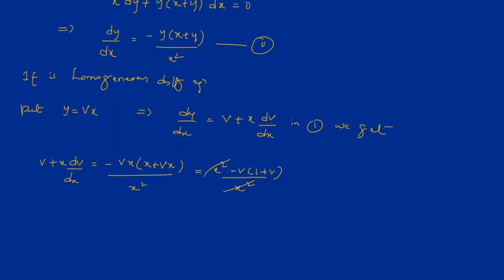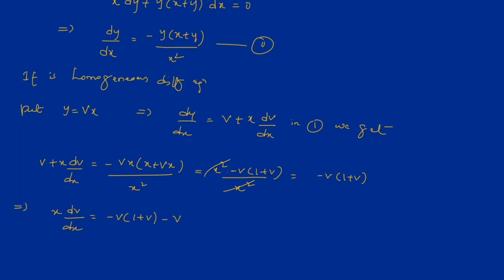Here x square gets cancelled, the remaining term is minus v (1 plus v), right? So now take this plus v to the RHS, it becomes x dv by dx is equal to minus v (1 plus v) minus v, right?